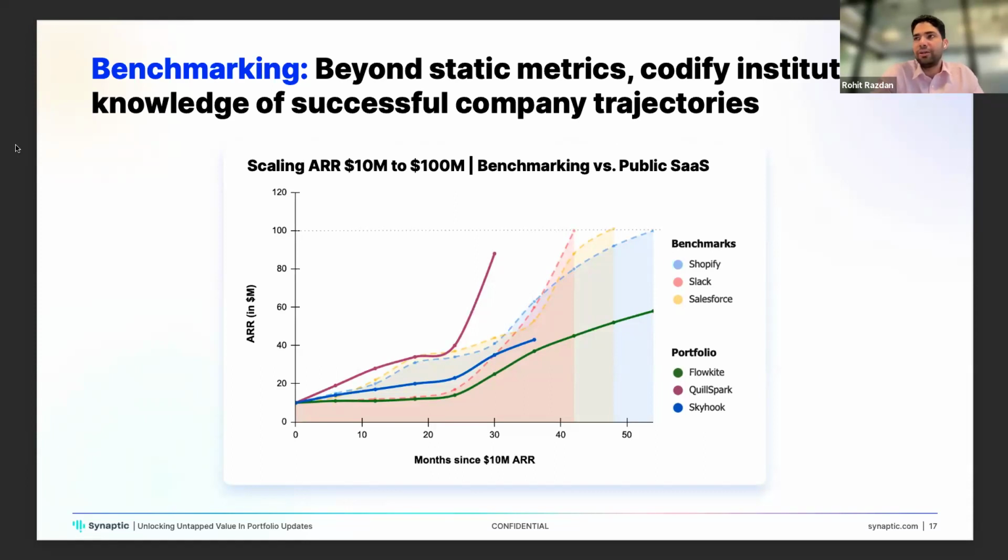And then beyond static metrics, I talk about the fund brain part, which is learning from trajectories of your companies. Learning from trajectories of successful companies, learning from trajectories of companies that struggled, which is a more probable case, and the case that is more interesting to me as well: companies that were struggling, then unlocked something, and then started growing. I want to understand what they unlocked, and I can do that because I have all of this data, so I can graph this over time. It starts to get really interesting once you start pulling in 3, 4, 5 years of data.